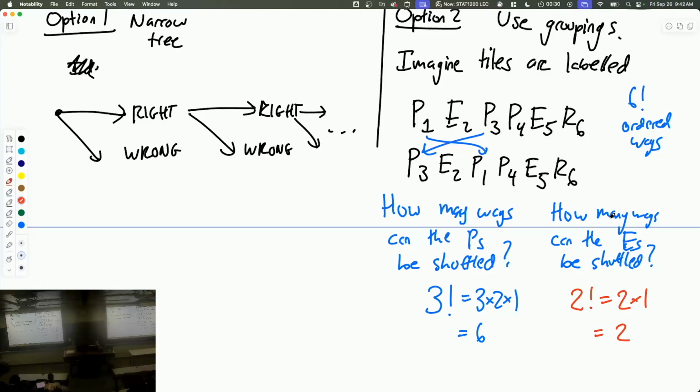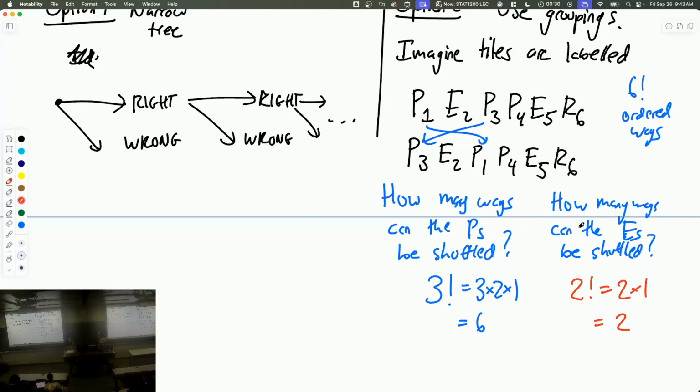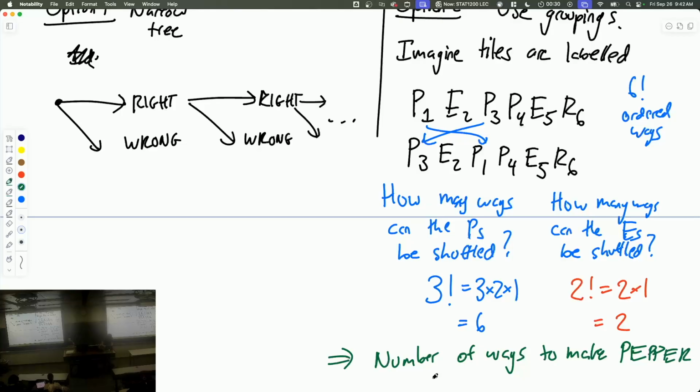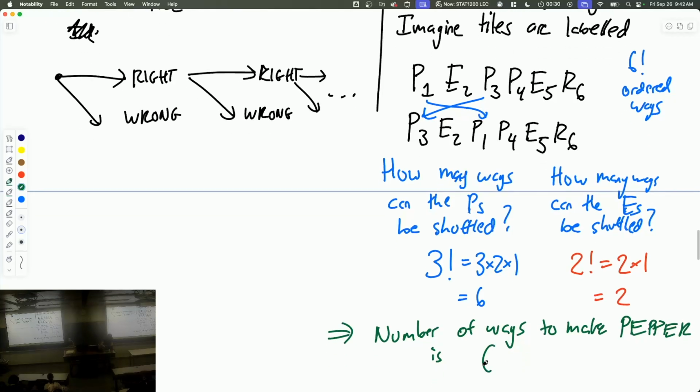And then last but not least, you can combine any shuffling of the P's with any shuffling of the E's to get a valid way to make pepper. So therefore, the number of ways to make pepper is going to be the product, 6 times 2 equals 12.